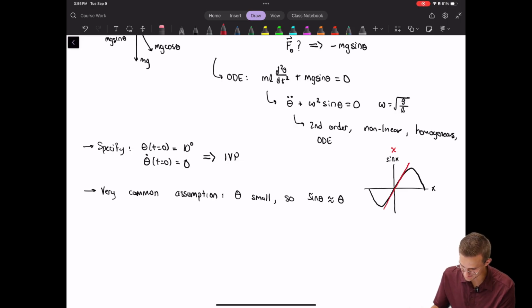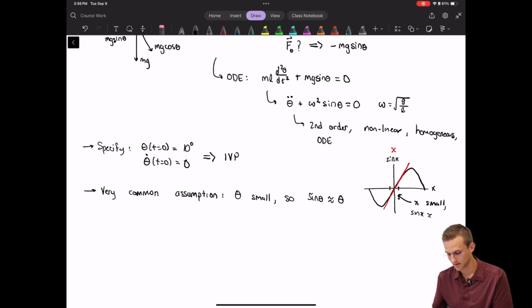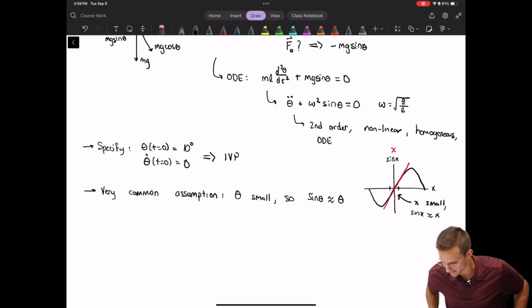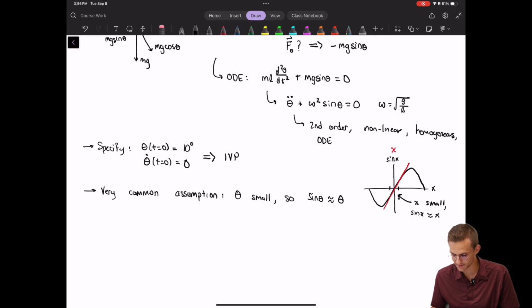Okay, so you can see that when x is small, x being small in this area right here, these two things are right on top of each other. Sine of x is approximately equal to x, and that's the general idea there. So those two are about the same.